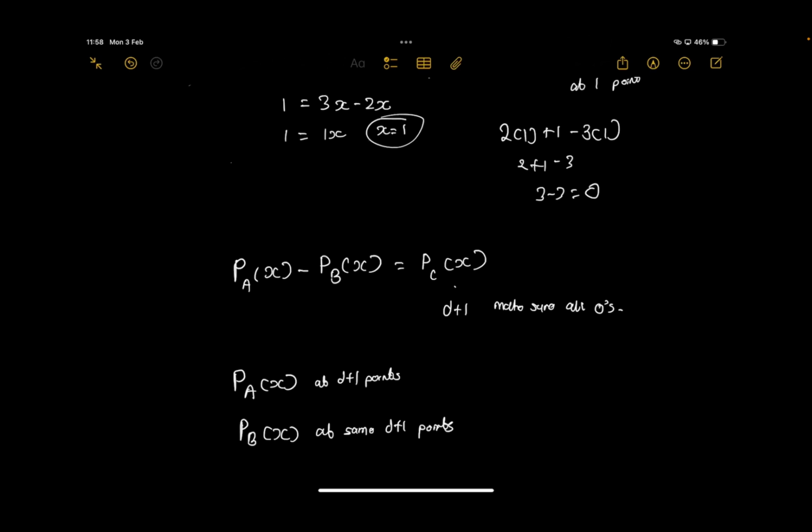But if they are not equal, there's a chance that they might be the same at 5 values. So the only way to know whether they are really the same is by evaluating at 6 values. Those 5 values that you pick might be the roots of P_C, but D plus 1 is supposed to give a non-zero value. It's guaranteed that you get a non-zero value because the degree puts a bound on things.